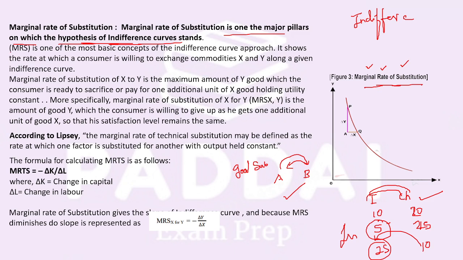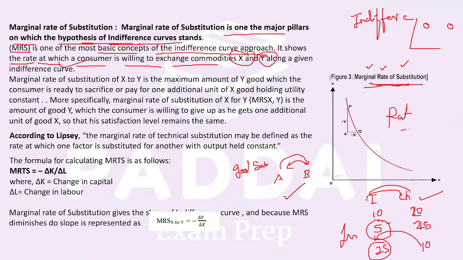So MRS, that is marginal rate of substitution, is one of the most basic concepts of the indifference curve approach. It shows the rate at which a consumer is willing to exchange commodities X and Y along a given indifference curve. To what level am I substituting one product with another on the given axis? Marginal rate of substitution means at what rate.